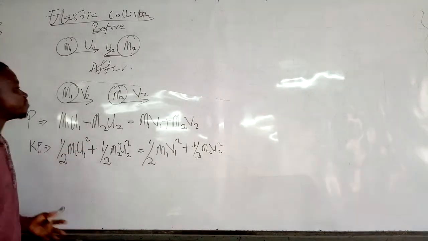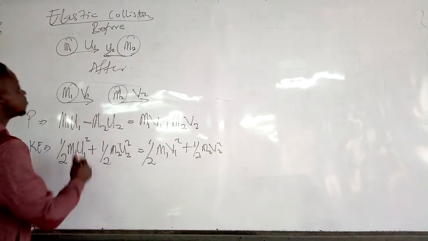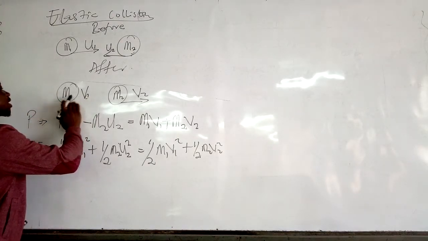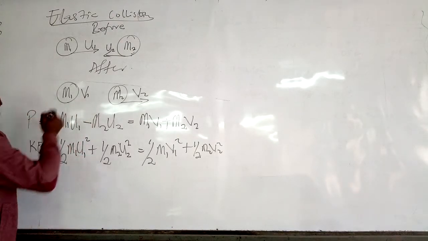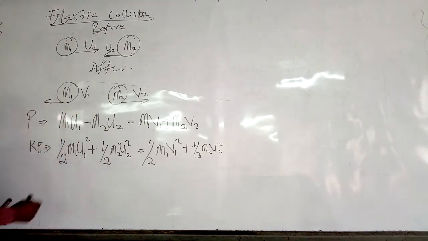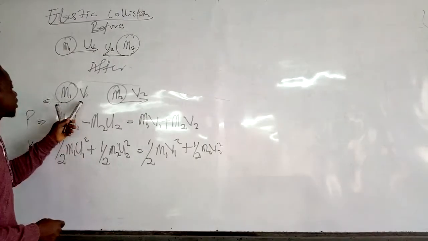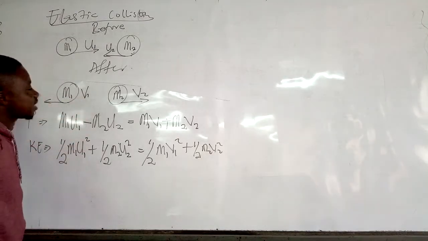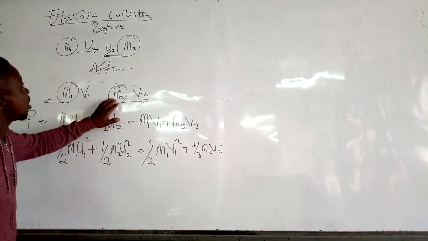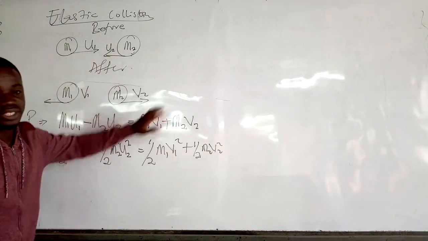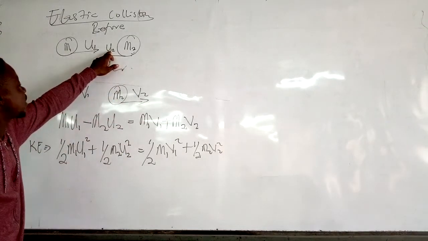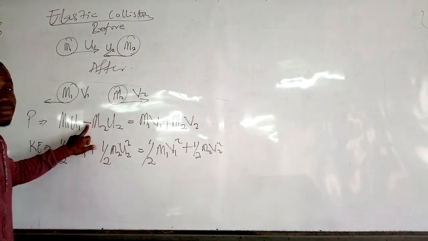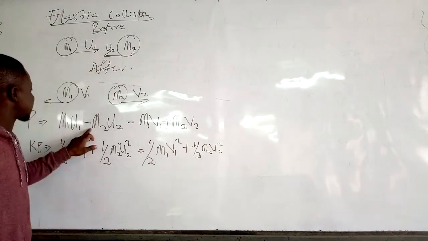If after impact V1 decided to move opposite to its original direction, while this one also moves opposite to its original direction, remember that this one has already been made negative because it was moving that way.